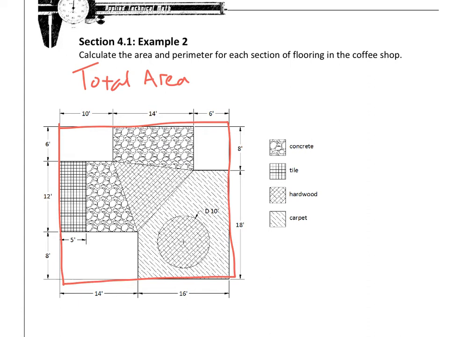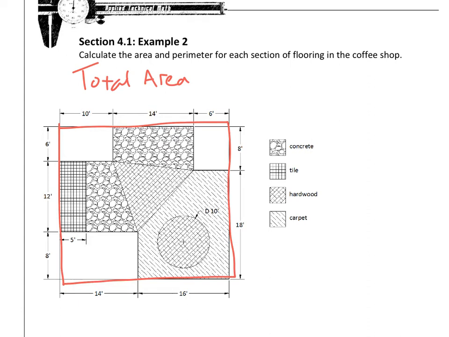I could break this into a few rectangles. There's 1, 2, 3, 4. If I wanted to find the total area, I could find the area of those 4 rectangles and then add them up. But it's going to be a little easier to see, at least, if we find the area of that big red square. I think it's square, at least it's a rectangle, and then subtract off these little pieces. That's going to be a whole lot easier.